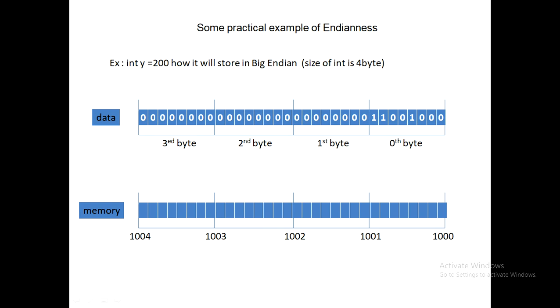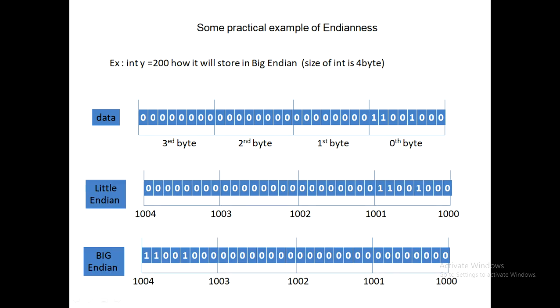So the third byte is stored at memory location 1000, the second byte at 1001, the first byte at 1002, and the zeroth byte at 1003. So this is the final representation of how the data is stored in a little endian system and how it is stored in a big endian system.